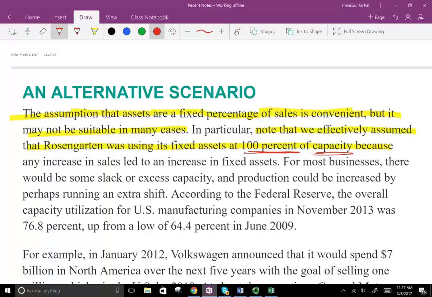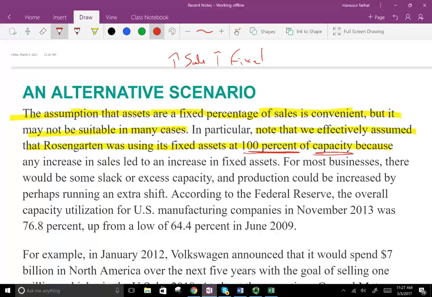In other words, if we need to increase our sales, we need more fixed asset. That doesn't have to be true. You might have fixed asset, but if you're not using them at 100% capacity, if you increase your production, you don't have to increase your fixed asset because you have the capacity. You have the machine hours, the space, the warehouse.